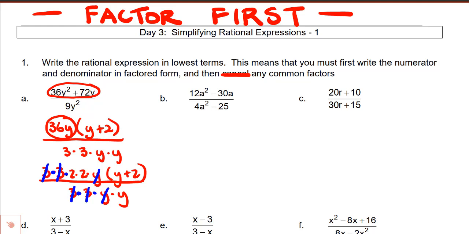And so then, I ran out of room, so this is the best I can do. And what's 2 times 2? 4. And the y down there is still there. Now, check it out. How is this y attached?